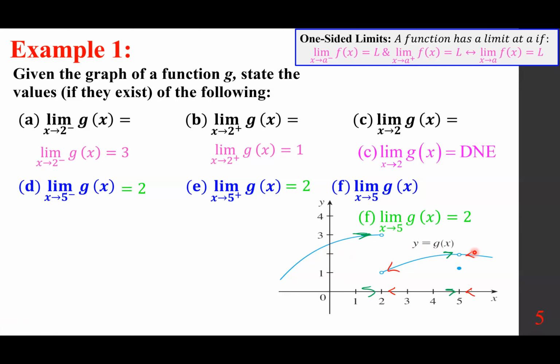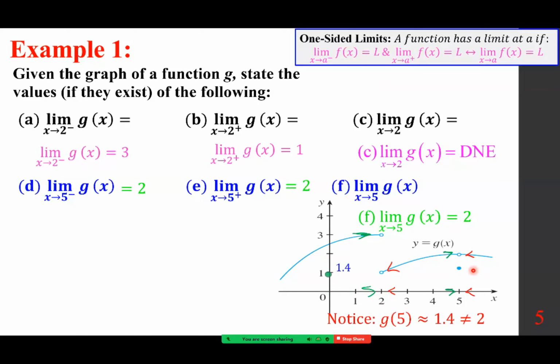Now, please understand that g of 2 is not known. We don't have a dot. We don't have a solid point to know it. But g of 5 is something else, like, for example, maybe 1.4 or close to that. So g of 5 is almost 1.4. So the function is discontinuous.